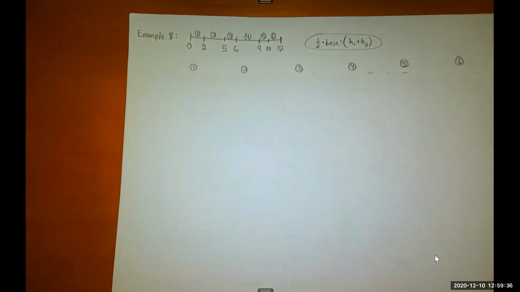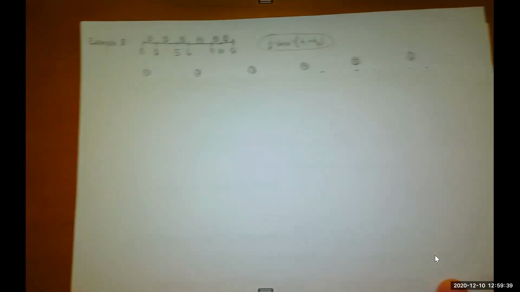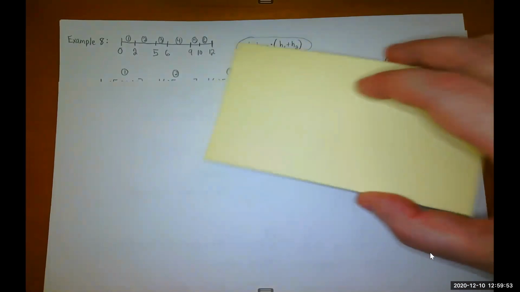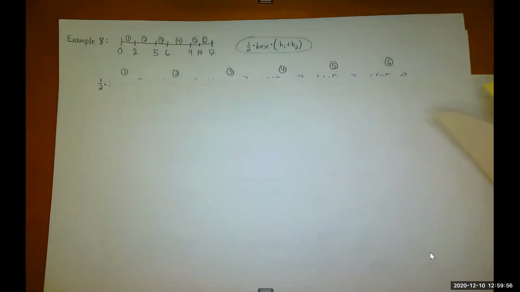Okay, we got to do this 6 times. So find your strength for a few more minutes of maximum attention. Okay, that first trapezoid is going to have 1/2 times 2.